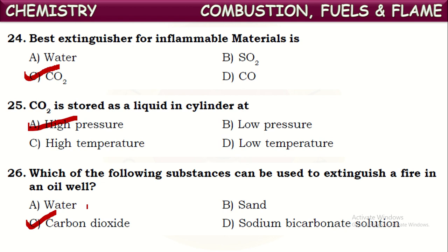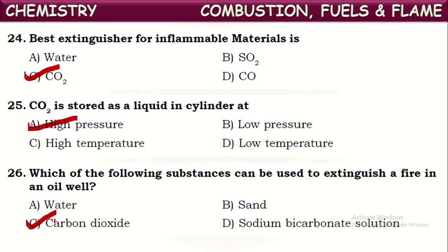If water is poured on oil, we know water is denser than oil, so the oil will float on the water and continue to burn. There is no use of pouring water on those. If it is an electrical equipment fire accident and you pour water on it, the people trying to stop the fire may catch fire because normal water is a good conductor of electricity. So in all those cases, carbon dioxide will act as the best fire extinguisher.